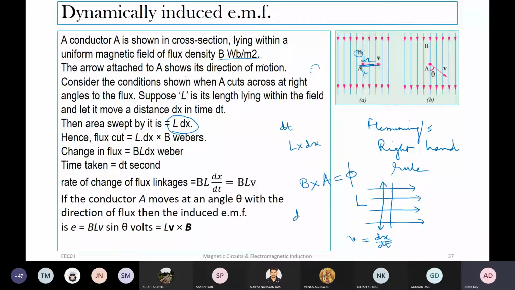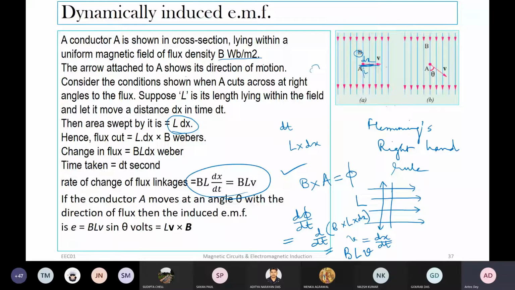It is equal to B d/dt of L into dx. So you can write it as BLV, as I have shown here, where V is the velocity, L is the length of the conductor, and B is the flux density.